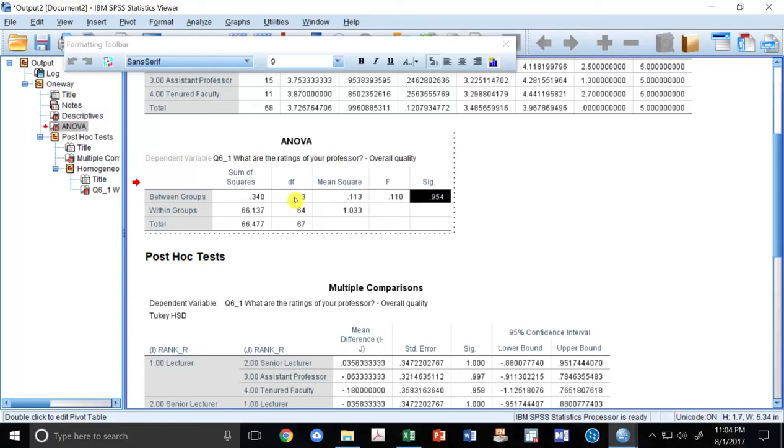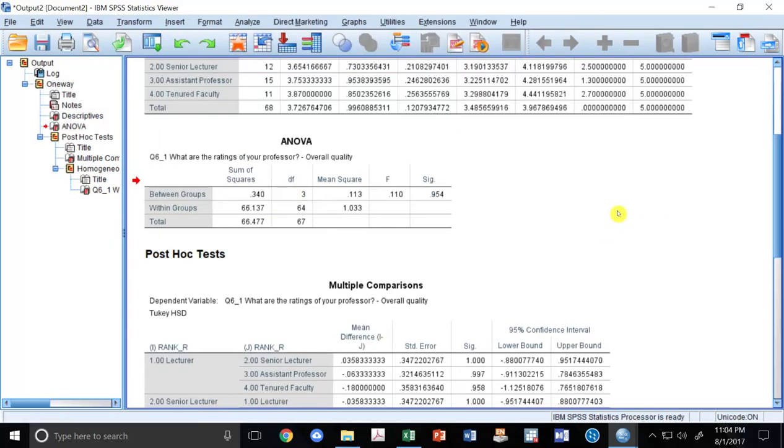So in ANOVA, just like every other statistical test, if the significance is less than 0.05, we reject our null hypothesis and we accept our research hypothesis. What this is telling me is that because this is not less than 0.05, in fact it's much greater than 0.05, we'll actually be accepting the null hypothesis in this case.